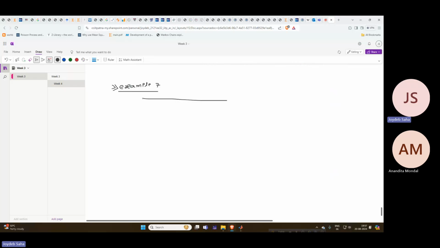Let us take a diagram. It is S. Okay. There is an event. Very simple question for understanding purpose only. This is B, or rather this is B. Okay.